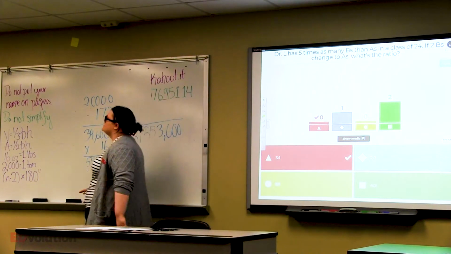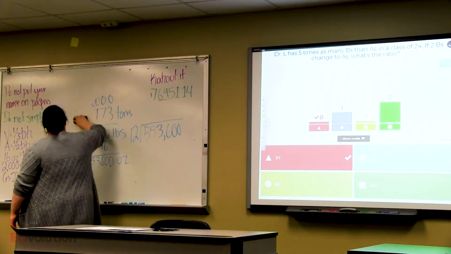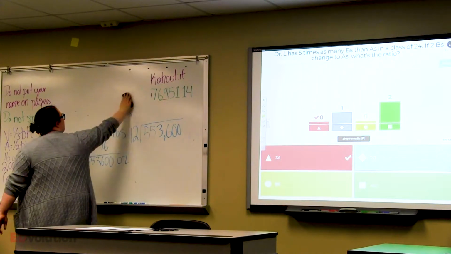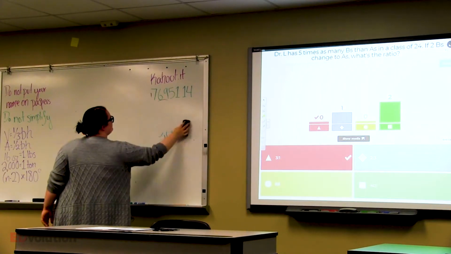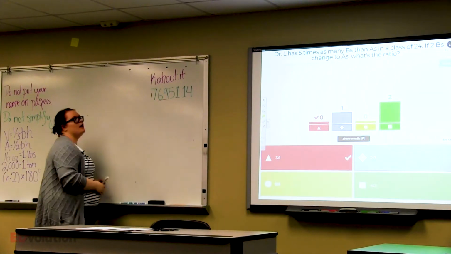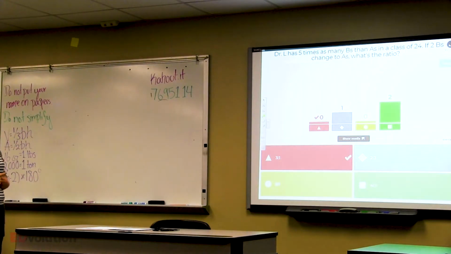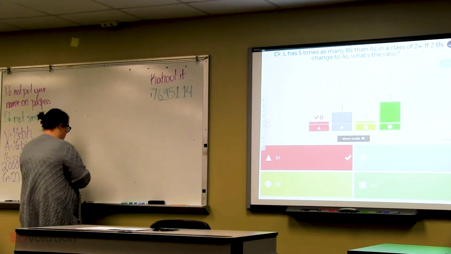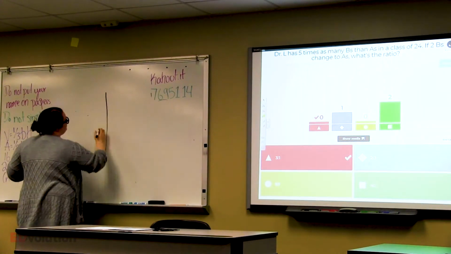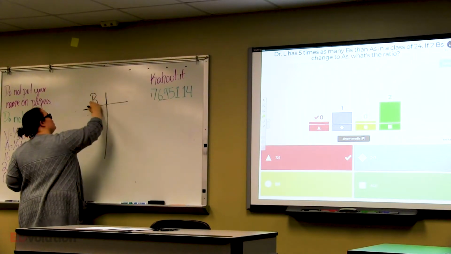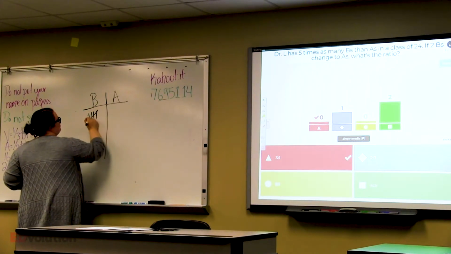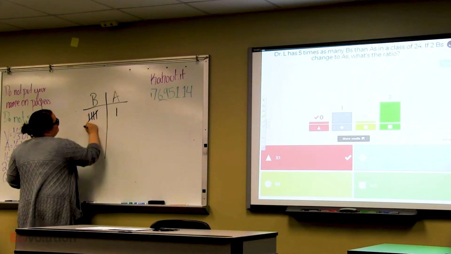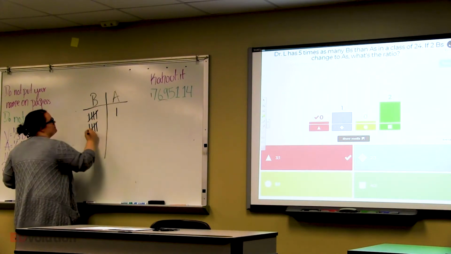So whenever you see a question like this, I want you to think about how you can put this in a chart. If we have 5 times as many B's as A's, that means for every 5 B's, we have 1 A. So we have 5 B's, we have an A. We have 5 B's, we have an A.